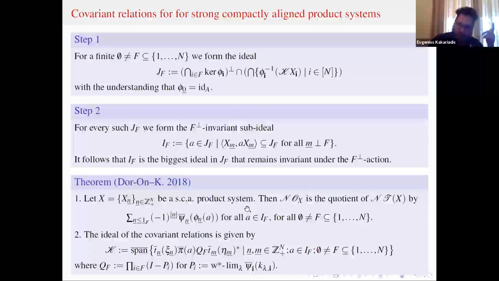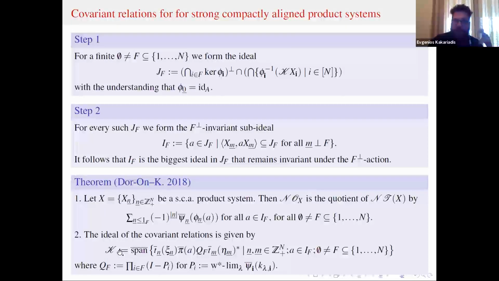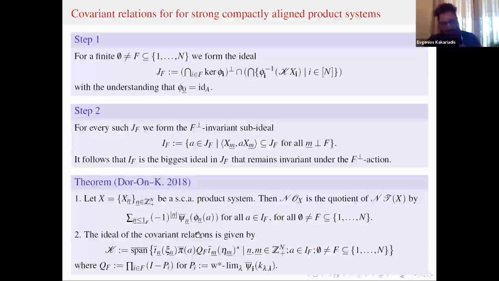The additional thing here is that we can see exactly the ideal of the covariant relations. And this is generated actually by taking pi of A wherever I is an IF. You hit with a projection that kills those directions in F, and then you take all the things that you can generate. So you can write it in a nice linear span form.